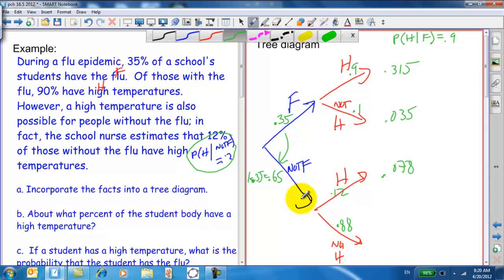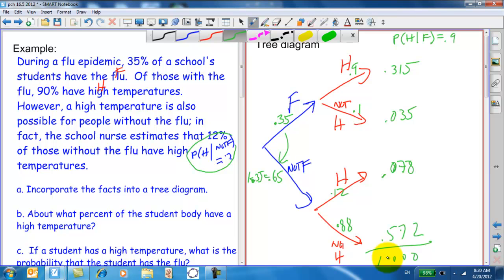And then finally, the non-flu people that don't have a high temperature, 0.65 times 0.88, 0.572. Now you should check and make sure that all these add up to 1.00. I believe they do. 0.315 and 0.035 and 0.078 and 0.572, and you get 1.